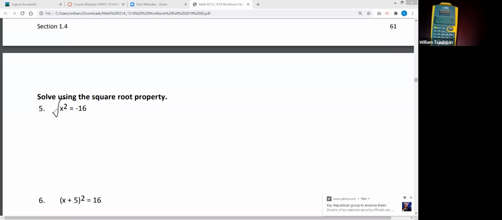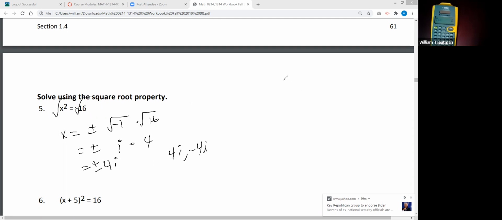We already said square root both sides. X equals plus or minus square root of negative 1 times square root of 16. 16 is 4. This is i. There's a plus or minus. Then I always put the number first, plus or minus 4i. In other words, if you wrote it out, one answer is 4i. The other answer is negative 4i. Same way with 25.